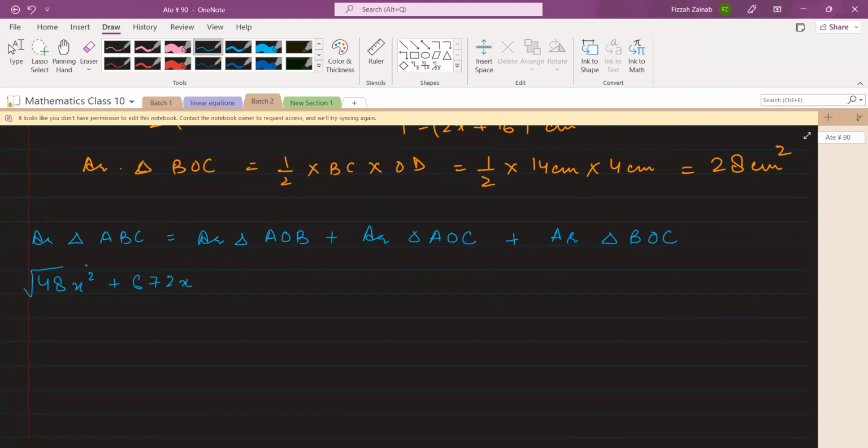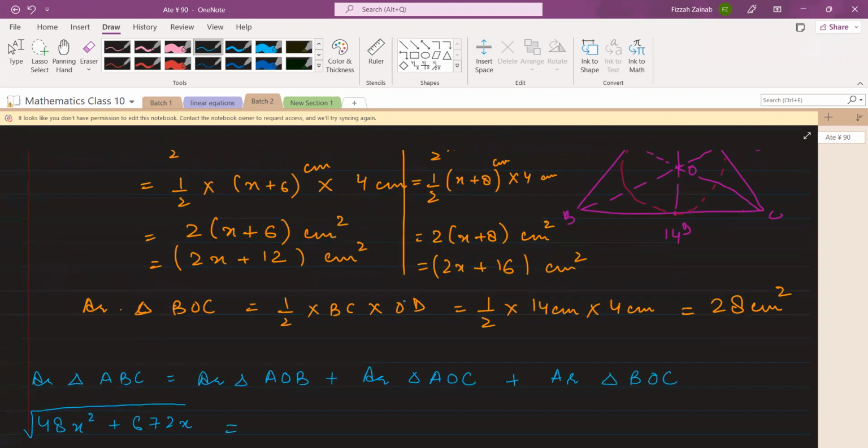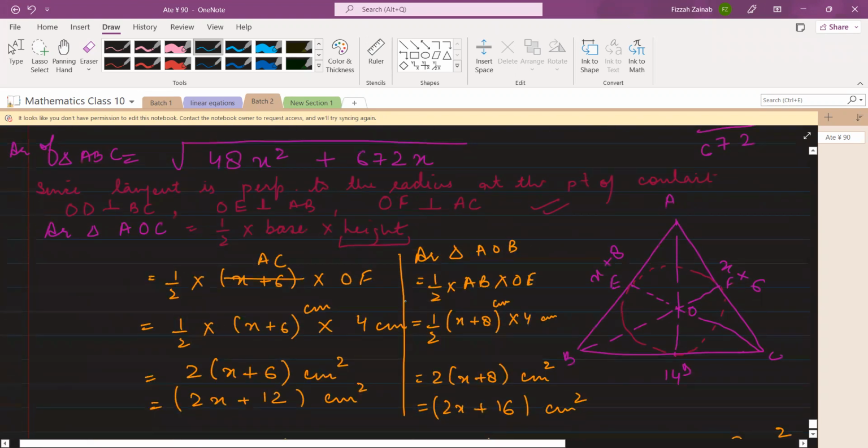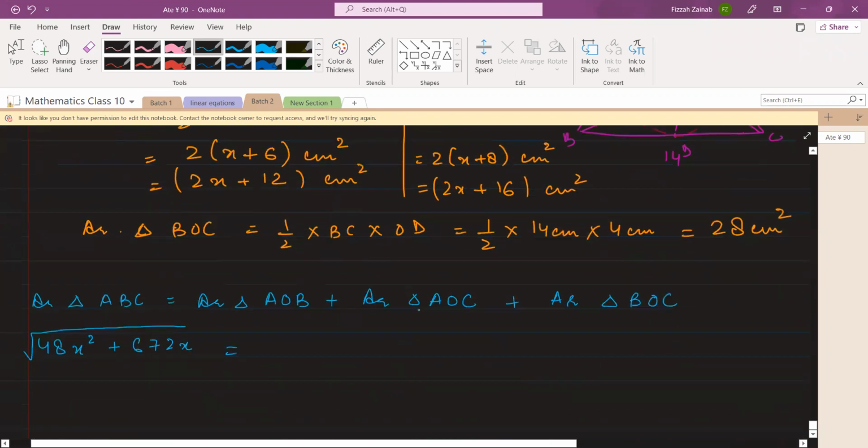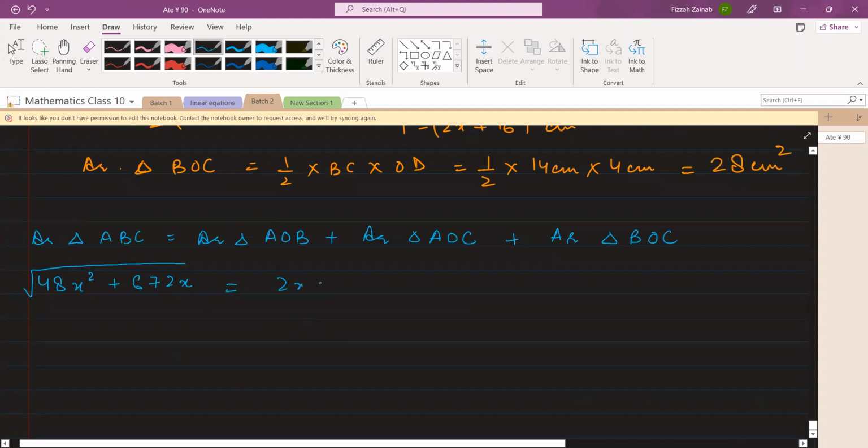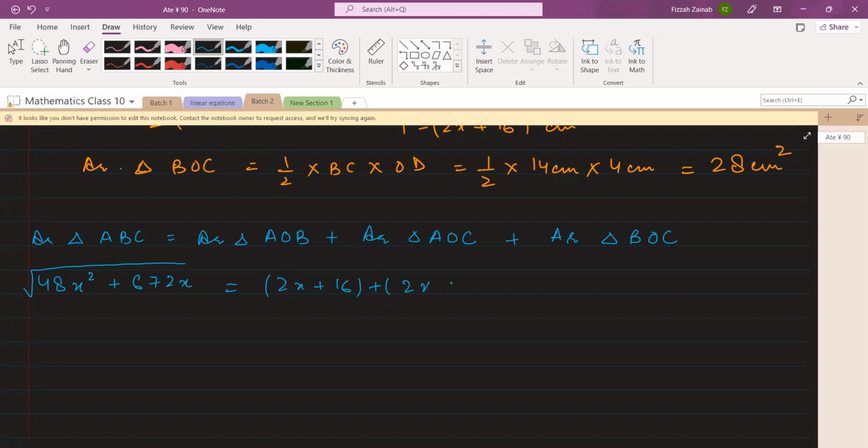Now this was AOB, 2x plus 16, 2x plus 12, plus 2x plus 12 and plus 28.